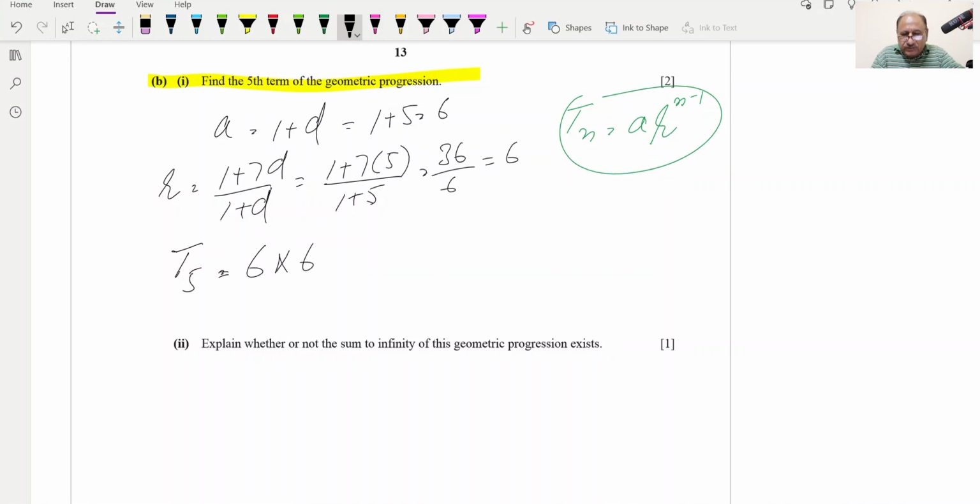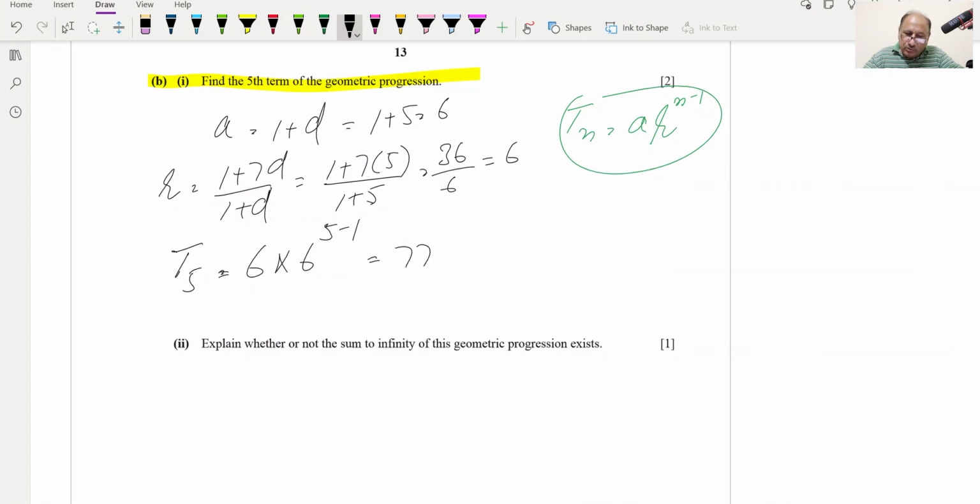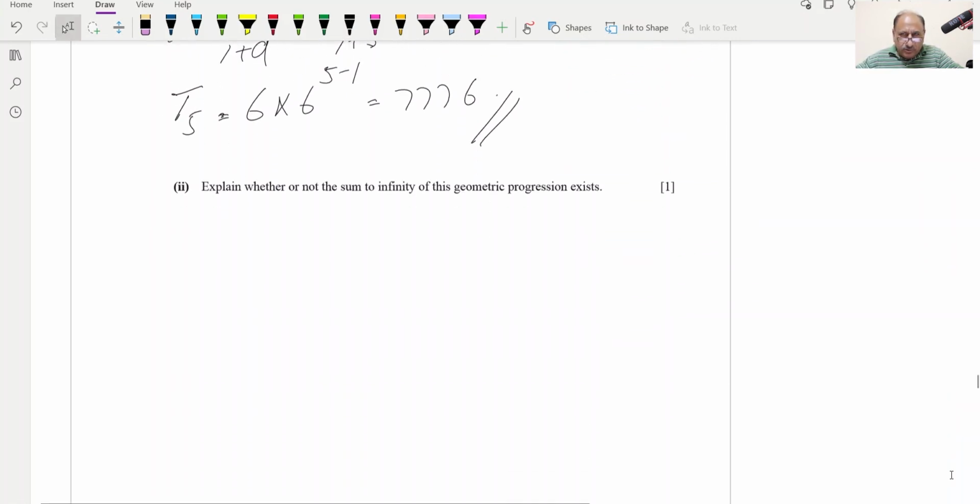So into 6 raised to n minus 1, it means 5 minus 1, and this will be calculated. So 6 multiplied by 6 raised to the power 5 minus 1, which is 4, will be equal to 7776. So 7776, this will be the final answer for 2 marks, which we are done with.